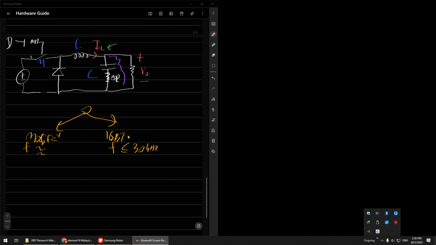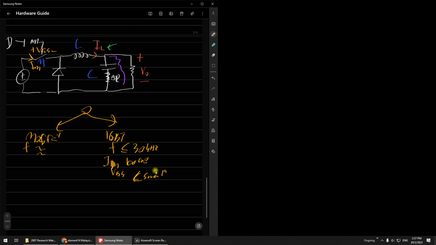But the advantage of IGBT is the power. The drain current means the current passing through here, maybe I call it IM. So IM can be very large, and the VGS, plus VGS minus, is very small.